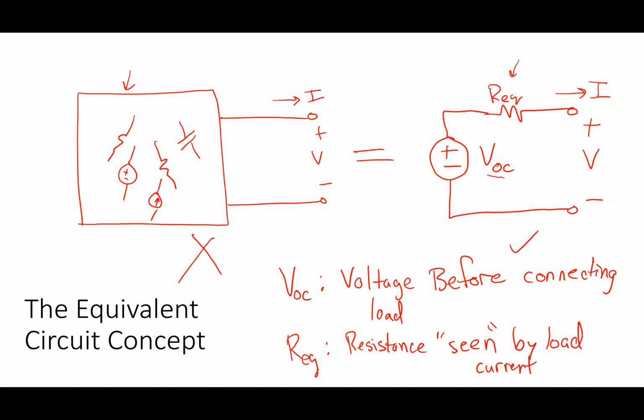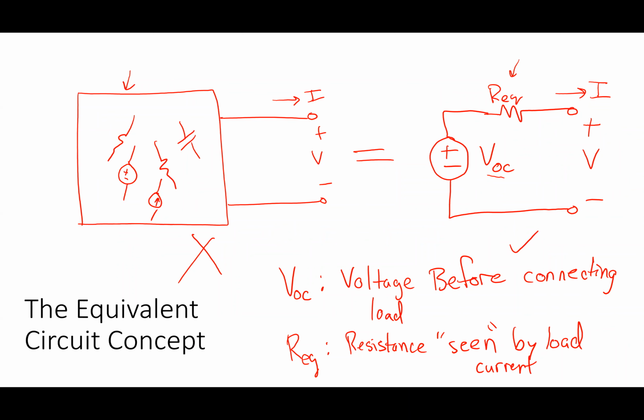The whole idea is this equivalent circuit concept, a really useful and important idea that we talk about all the time, which is to say, if I have a network comprised of a bunch of stuff, the example I gave is the whole North American power system. Another example might be an electronic system made up of all sorts of parts. I can still think of that thing as a voltage source and a resistor, or a current source and a resistor, right? I can think of them both ways.